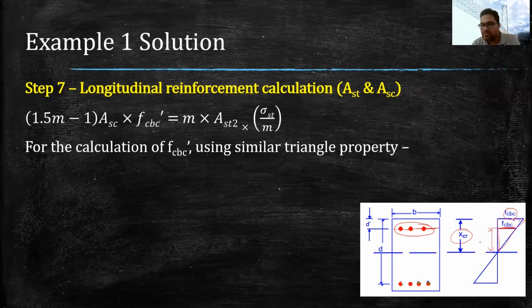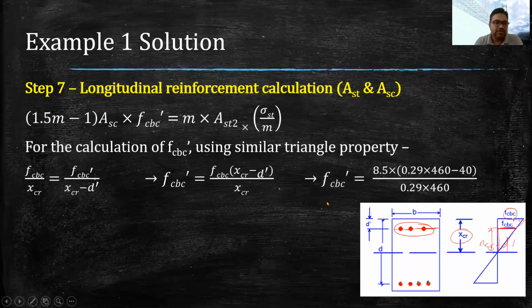So this becomes XCR minus D dash. The same ratio we are using here: FCBC by XCR equals FCBC dash by XCR minus D dash. Therefore FCBC dash can be calculated by using this.